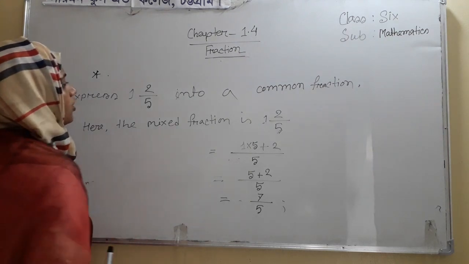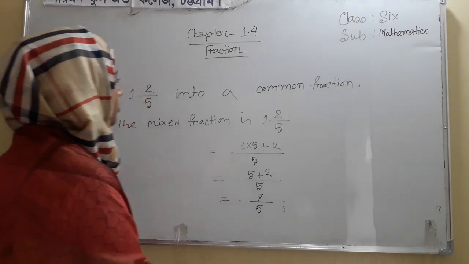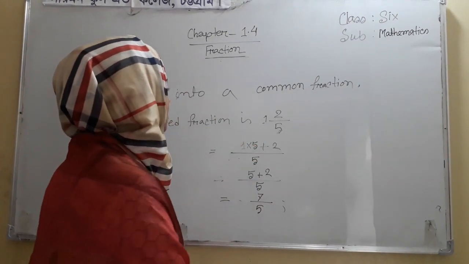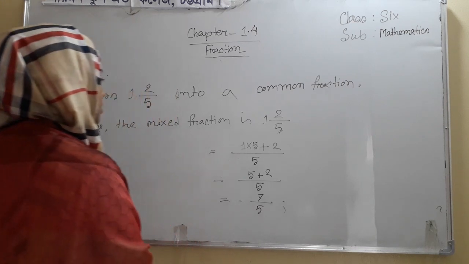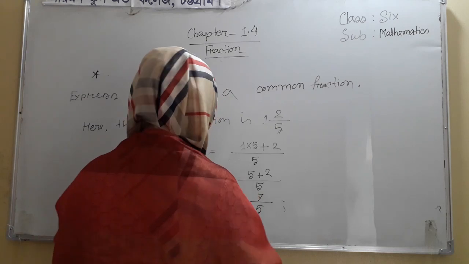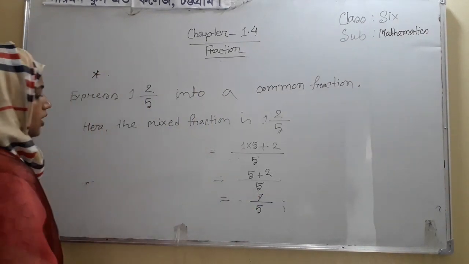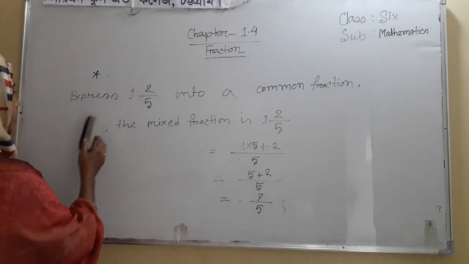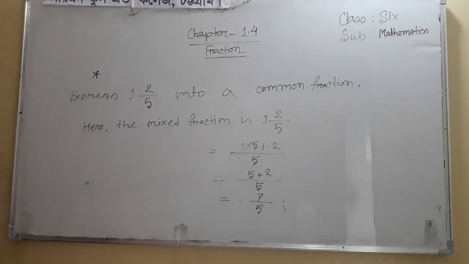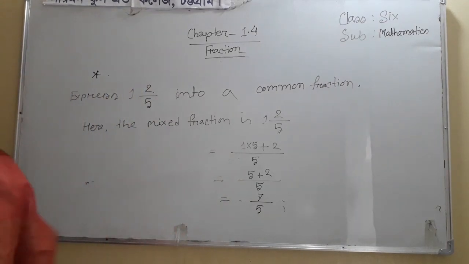So 1 and 2 by 5 as a common fraction is 7 by 5.